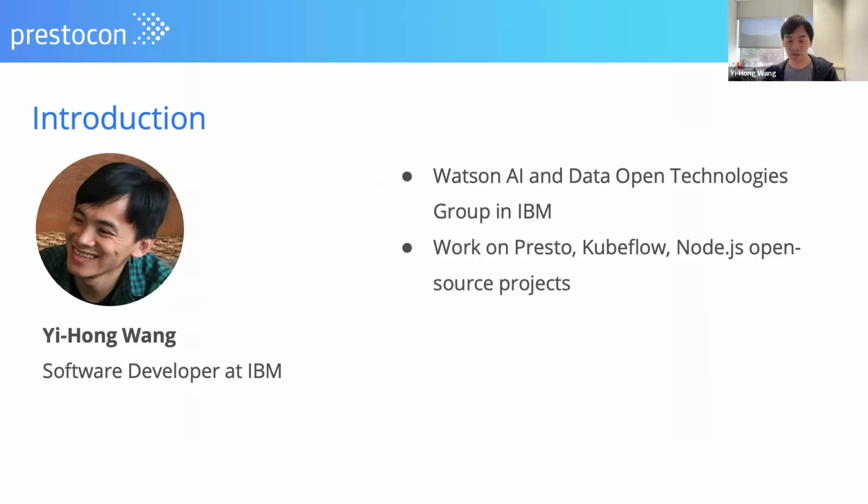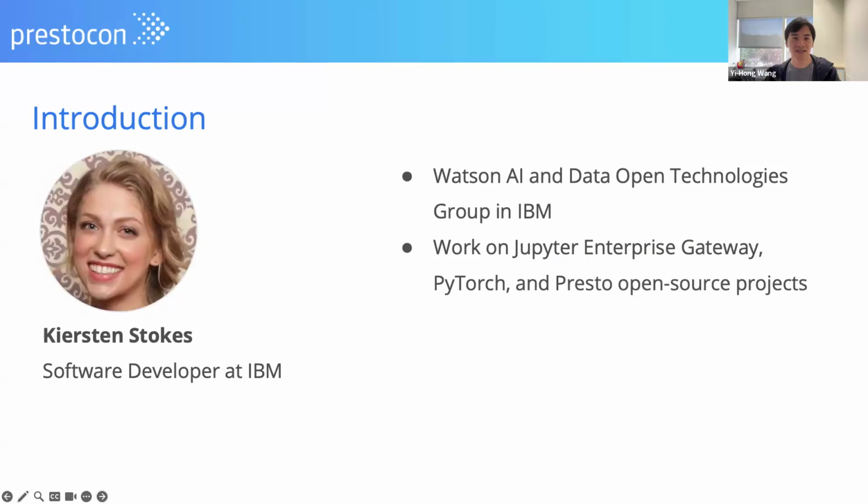IBM definitely also uses them, and we highlight some strategic open source projects, and Presto is one of them. So we put some effort in, like me and Kirsten. We are open source developer advocates, so we join the community and help on the open source projects. I listed several open source projects I work on. And here is Kirsten.